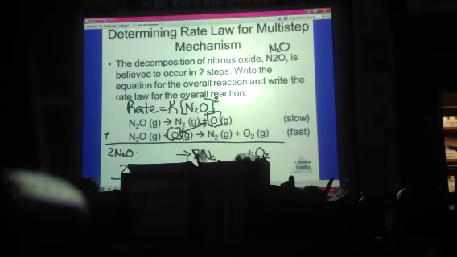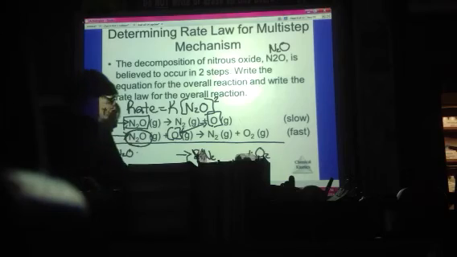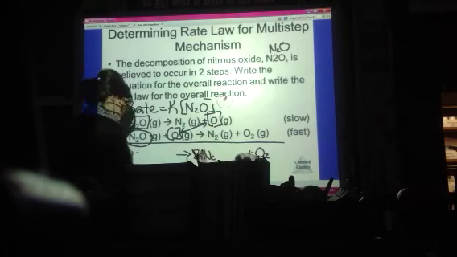But that would be wrong. And it's wrong because the slow step is the rate determining step. This fast step is where this N2O is going to be completely consumed. So technically, because this is a fast step, and this is the slow step, the rate determining step, and this only has a coefficient of 1, my rate law will be first order in the concentration of N2O.